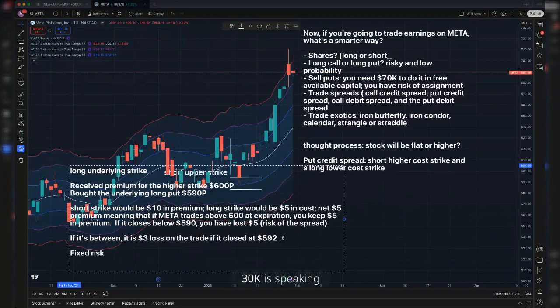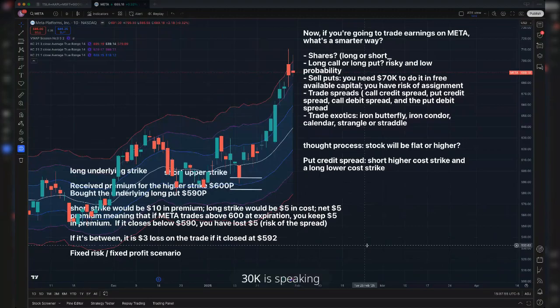So it's a fixed risk, fixed profit scenario. And the reason why that's the case is that your maximum risk on the trade is your spread risk. So you all, I think, are familiar with how covered calls work, right?